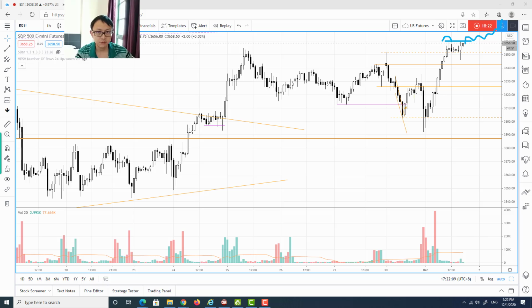So I'm just waiting, probably maybe a breakout and pullback continuation type of entry, something like this. Maybe you can trade here. Otherwise, maybe you can pull back and test some immediate support level. So that's a support level, maybe somewhere around 3650 to 3640. So that's the immediate support level.